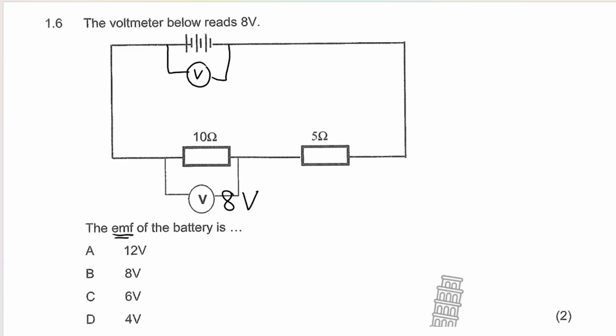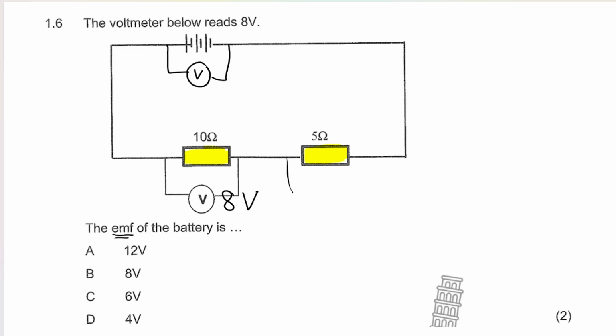Now, because I have another resistor connected here in series, what you should know about electric circuits is that resistors in series are voltage dividers, or resistors in series split or divide the voltage.